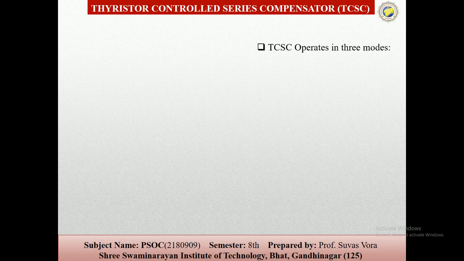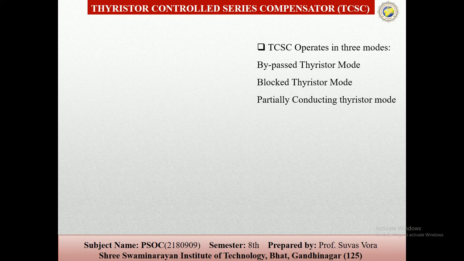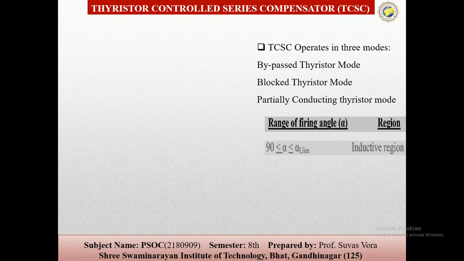The operation has three modes: the first one is the bypass thyristor mode, then the block thyristor mode, and the parallel conducting thyristor mode. This one is applied when the firing angle is limited alpha.